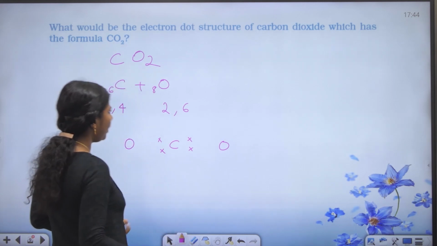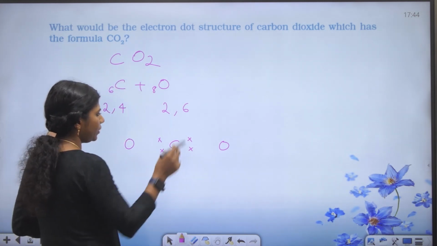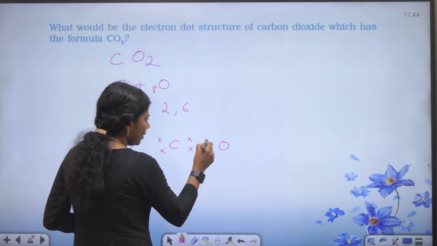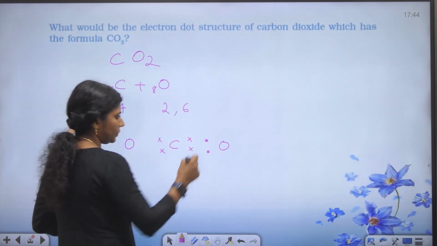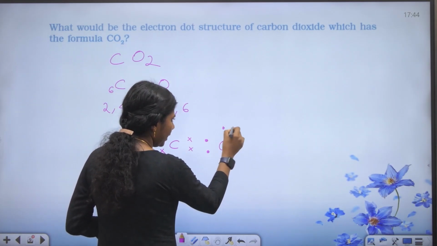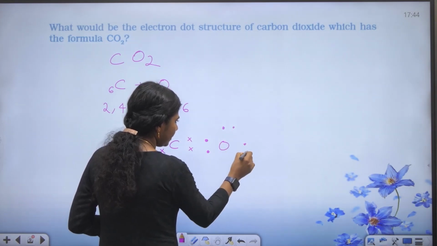The number of valence electrons in oxygen is 6. The dot represents oxygen's electrons: 1, 2, 3, 4, 5, 6.